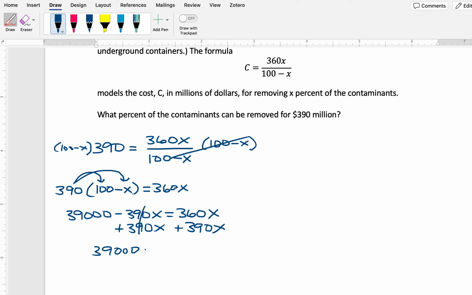So we have 39,000 on the left side. When we add these together, we get 750x on the right. And lastly, I need to divide both sides by 750. Use a calculator, and I'm going to get x equals 52. So 52% of the contaminants can be removed for $390 million.